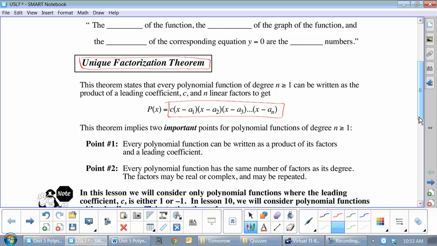And like point 1 is, it's not ground shaking. Every polynomial can be written as a product of its factors and a leading coefficient. Okay? So you've always known that. Number 2 maybe is a little bit more important, that every polynomial function has the same number of factors as its degree.